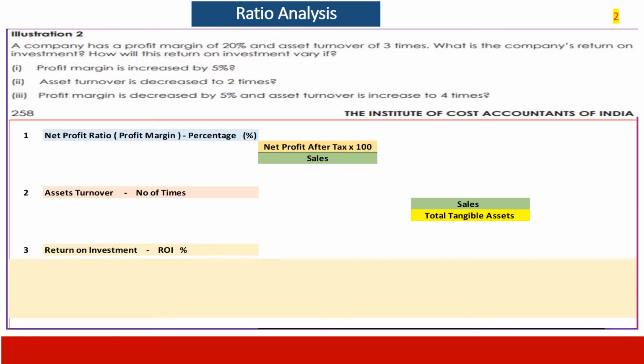Unless we conceptually know the relation of these three, we find this a very, very difficult problem. It is not so. The whole question here is that of understanding how return on investment is calculated.